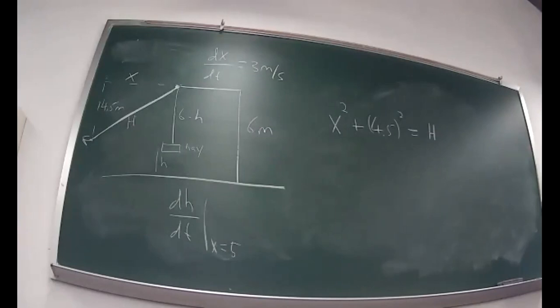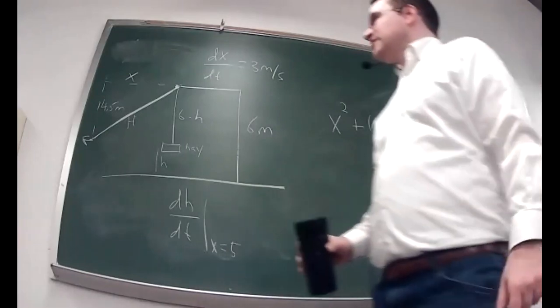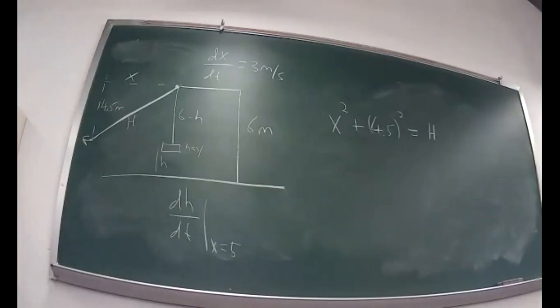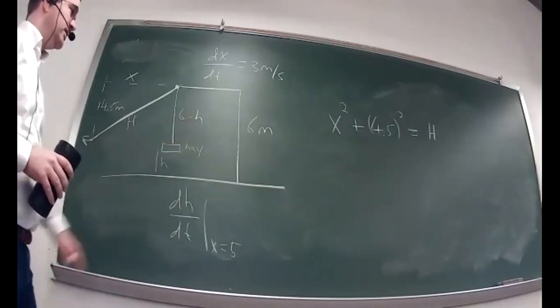I can tell you the way to proceed, but I'll let you look at it for a second. Do you have any suggestions? Where in the picture, how can we use this picture to relate x and this little h together?